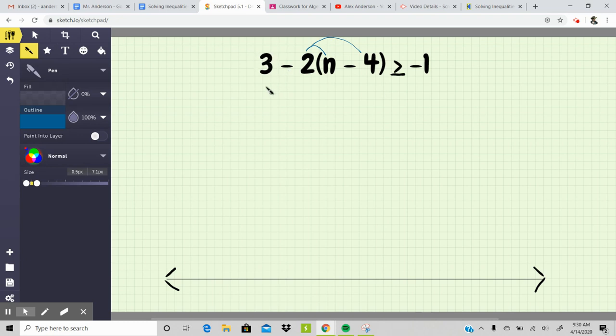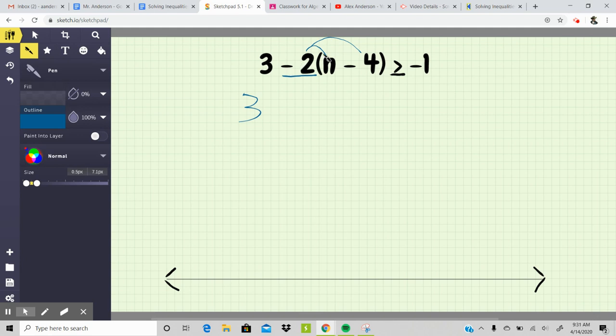So I'm not doing anything with this 3 yet. So I'm just going to keep that as a 3. And then remember, this is a sign of the distributive property when you have a number right outside the parentheses like this. And you want to think of that as a -2 because there's a minus symbol in front of it.